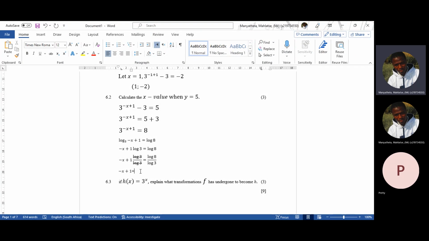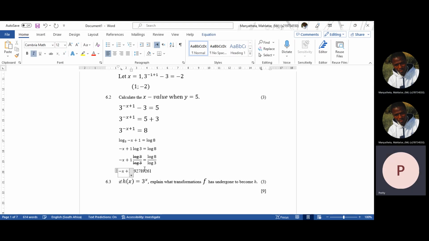Okay, let me check something. Log 8 over log 3. It gives me 1.89278 and so on. How did you get 1.2? Because this is what I get. I'm doing it again.